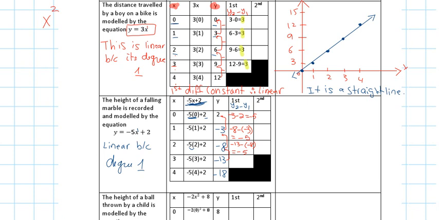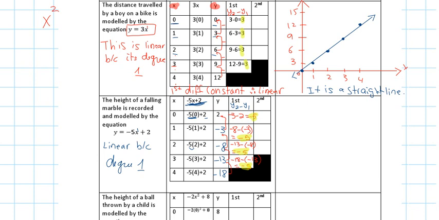And then my last one is negative 18, take away negative 13, which is again negative 5. So if you're looking at your first difference, what do you notice? They're constant, they're the same, right?